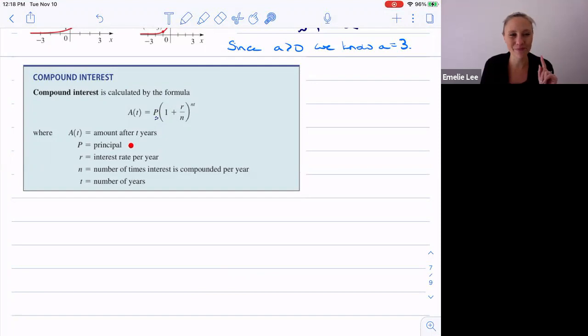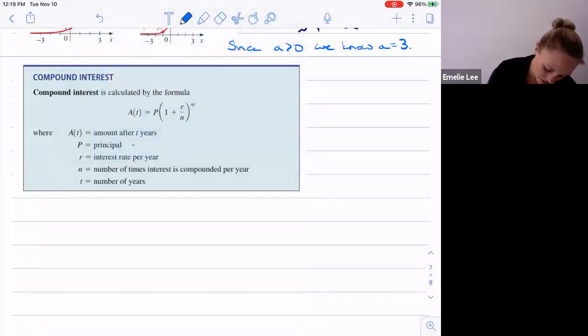So P is the principal amount, which is also our initial investment.